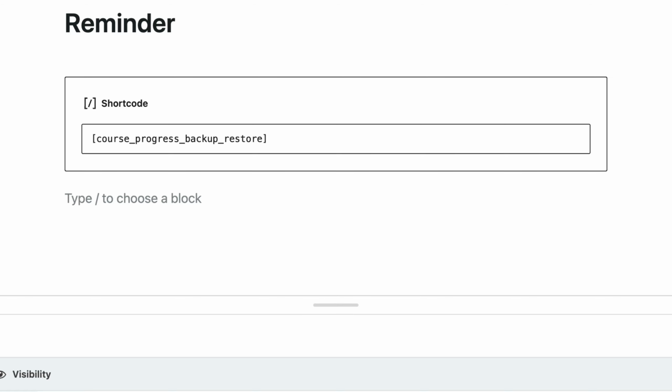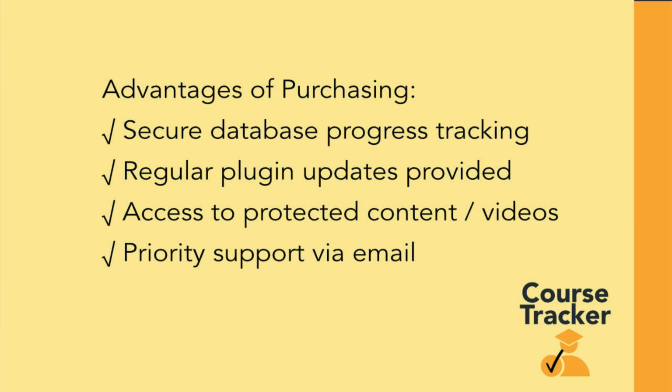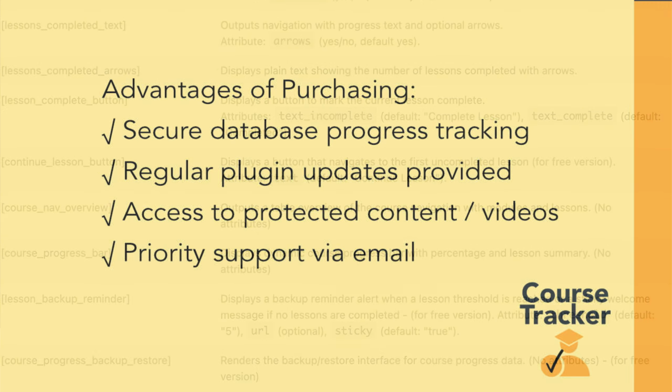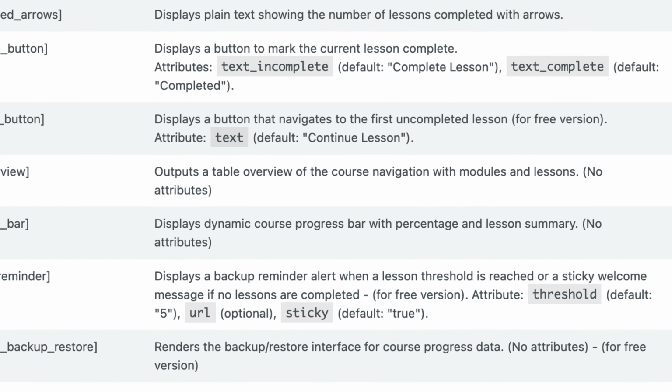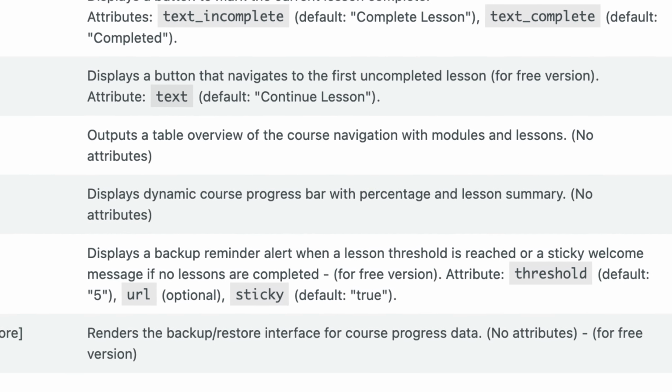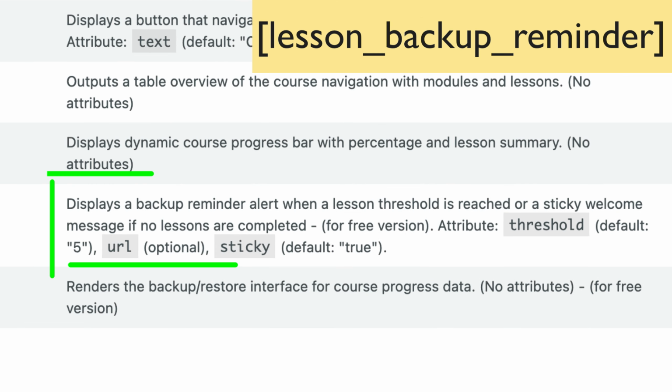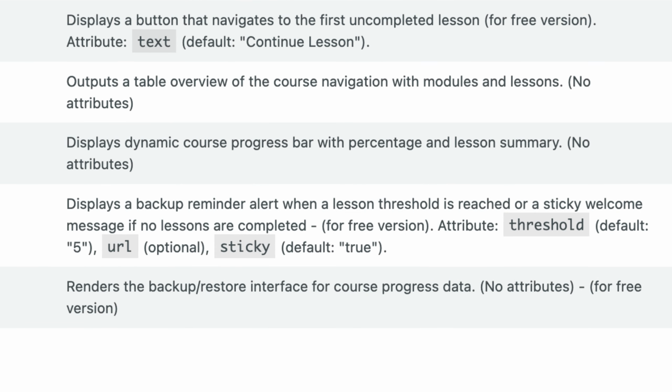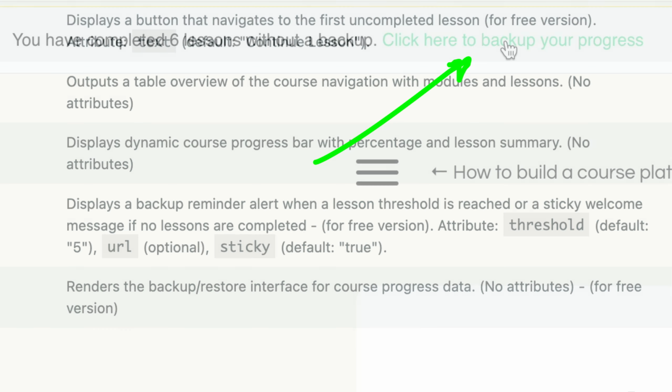Please note, though, one of the big advantages of the paid version is that users will not need to back up, as data is stored in the WordPress database on the server where the lessons are hosted as student progress is completed. There's also a shortcode named Lesson Backup Reminder for the free version as well, that you can place anywhere on your lessons page or template that will remind students to back up periodically, every 5 lessons.